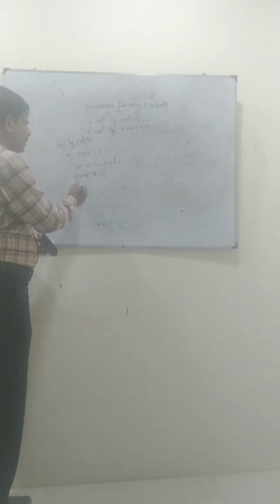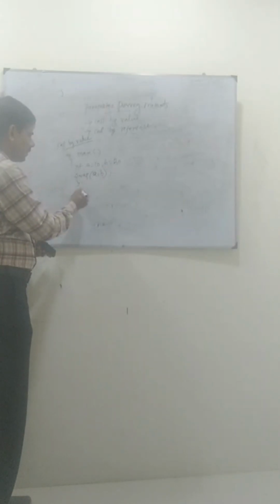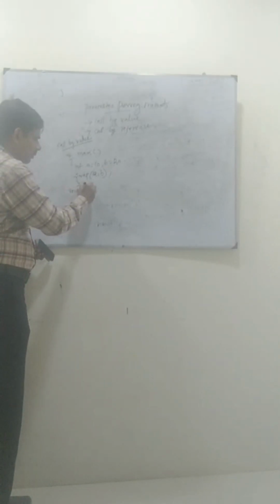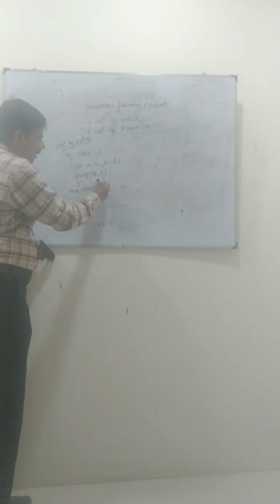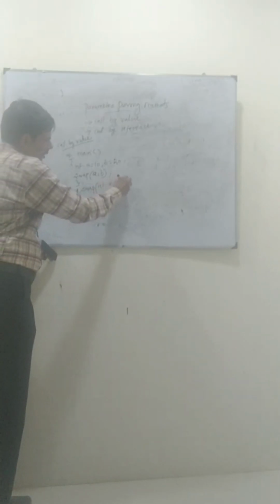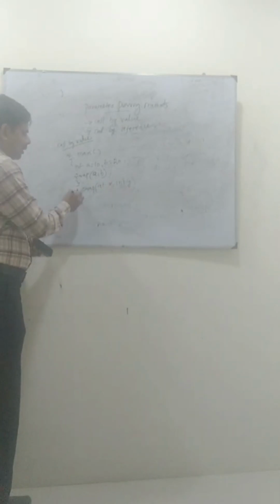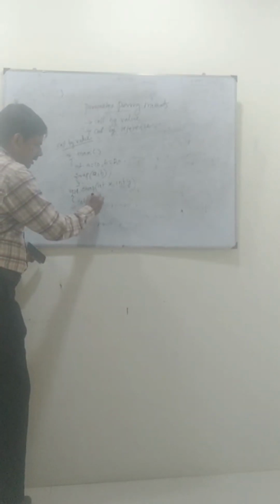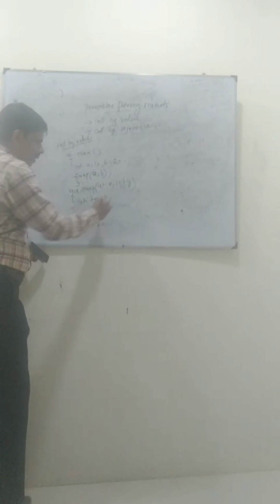Now going to write the definition part. The definition is void return type. The function name is swap of integer x comma integer y. Next, integer temp, we can take one variable temp.